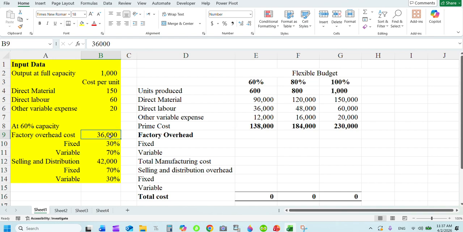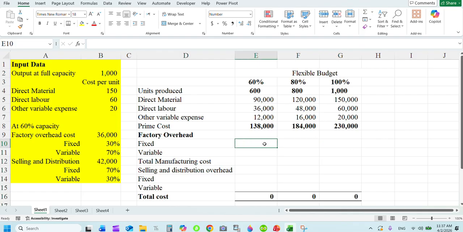Out of this 36,000 factory overhead cost, it is said 30% is fixed. So accordingly, what is the fixed factory overhead cost? Now my factory overhead cost, if it is fixed, that amount will remain constant for all the three output levels, right?